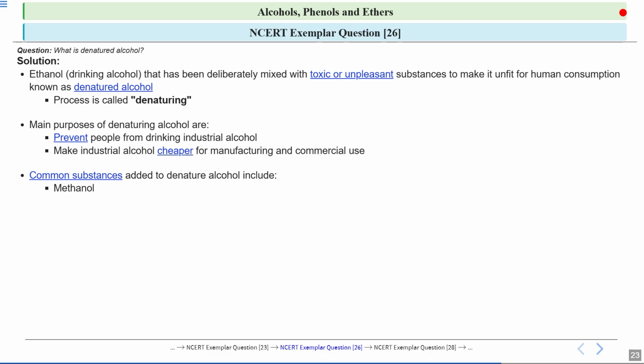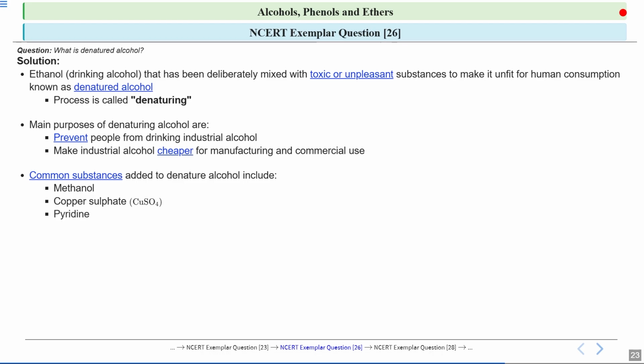So methanol is highly toxic and can cause serious health issues if consumed. So if you have to denature the alcohol, you can add methanol. Or you can add copper sulfate, which is CuSO4. This is another additive. It gives the alcohol a distinctive color and taste. Further, it deters its consumption.